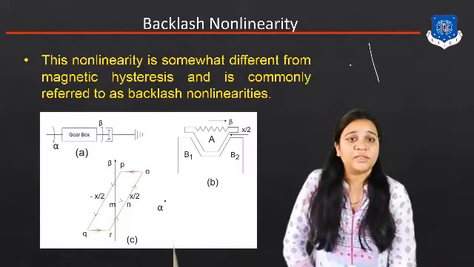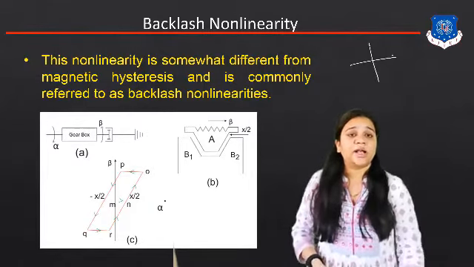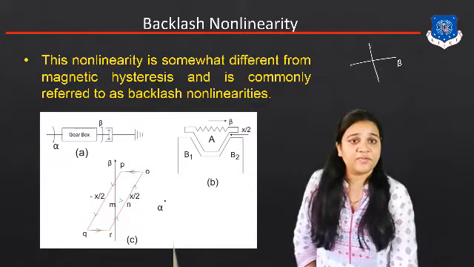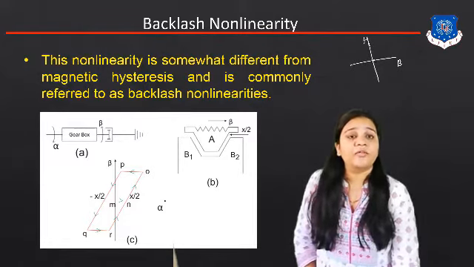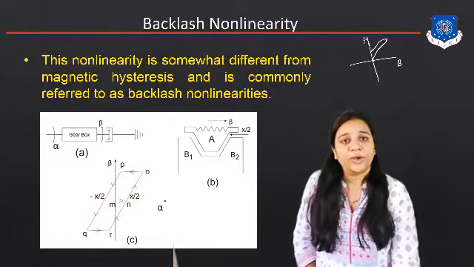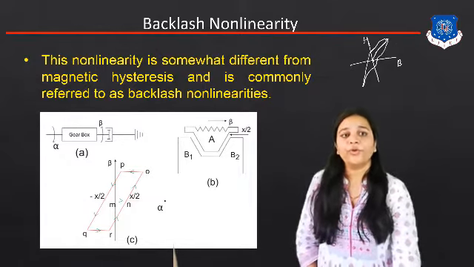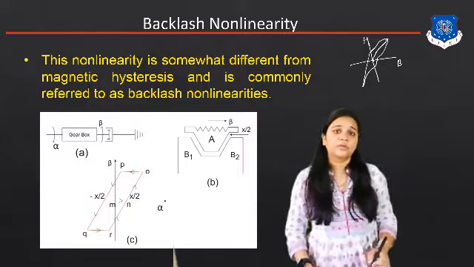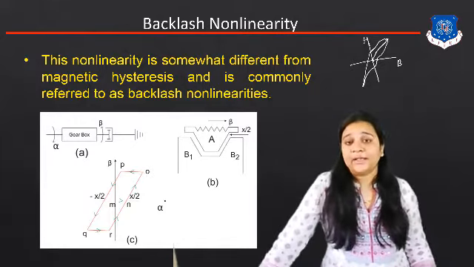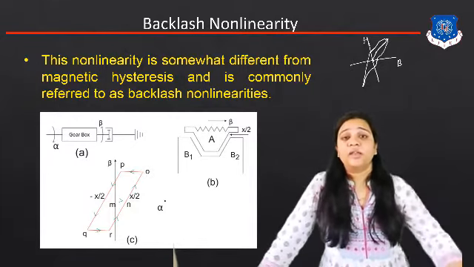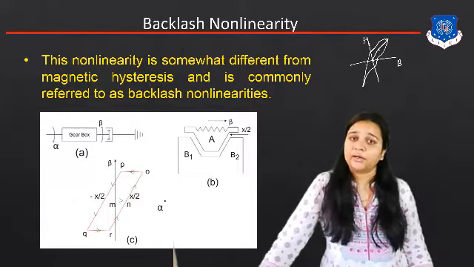Whenever we deal with hysteresis, generally the graph is B versus H. Okay, and if we increase the value of B to a certain level, we get some point, and after that point, if we increase the value of B, H will decrease, then it will go to the negative region, and then to the positive region. So backlash non-linearity is used whenever we deal with some type of mechanical system.